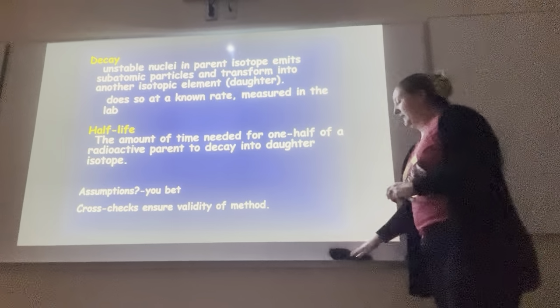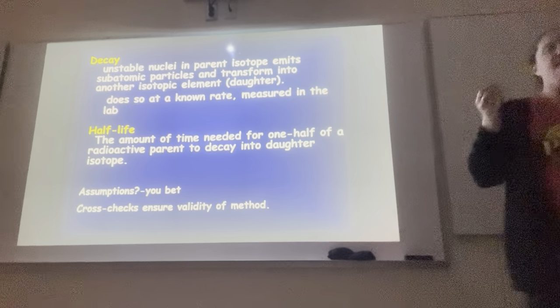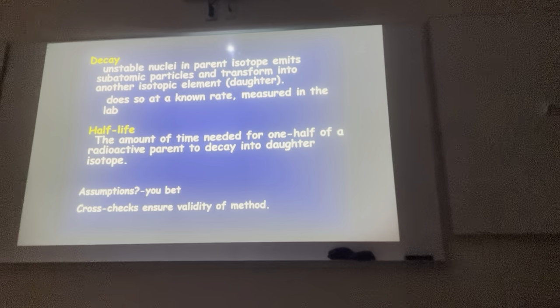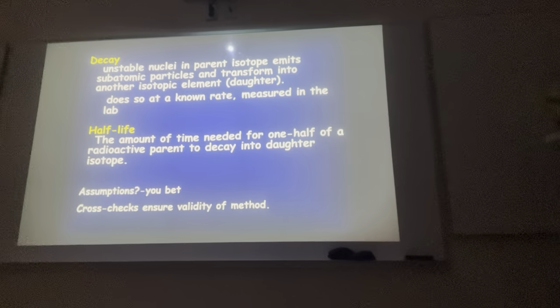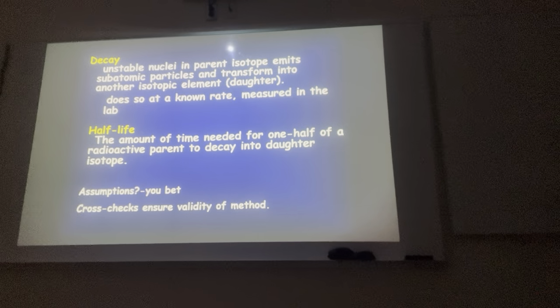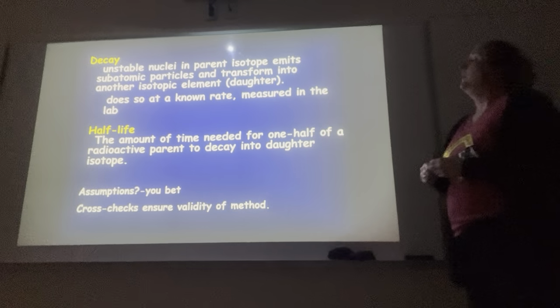And it can change the identity of the element itself. It usually does. So you're going to start with, let's say carbon, and then it's going to transform into its daughter. For carbon-14, its daughter is nitrogen-14. For some others, their daughter is going to vary depending on what you're starting with. And we'll look at an example in a little bit.